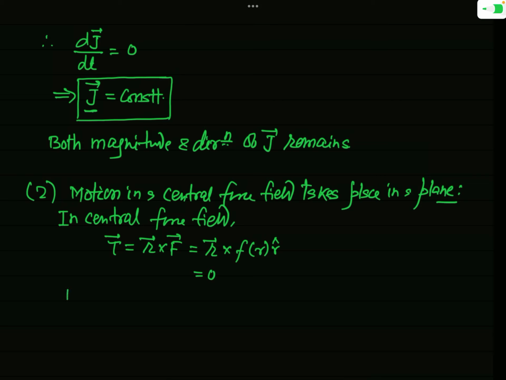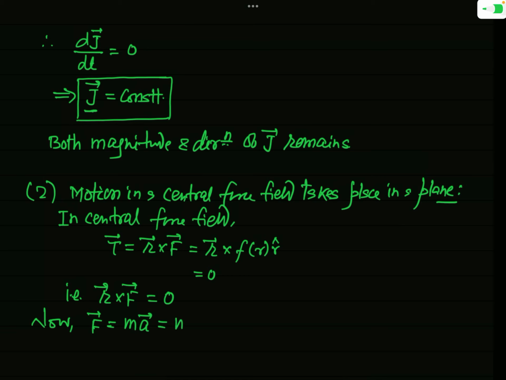That is, during the motion under a central force field, the vector product of the radius vector R and the central force F will always be equal to 0. Now you know from Newton's second law of motion that the force vector F is defined by m times a, where a is the acceleration of the particle.